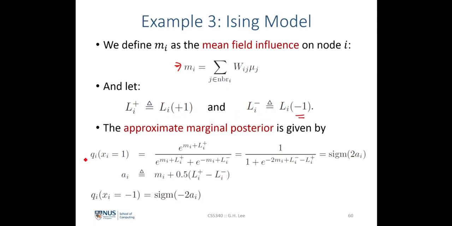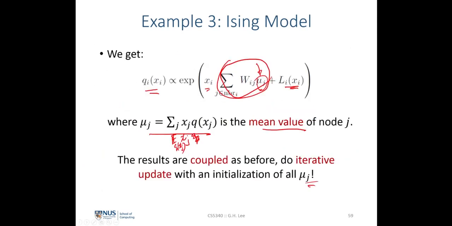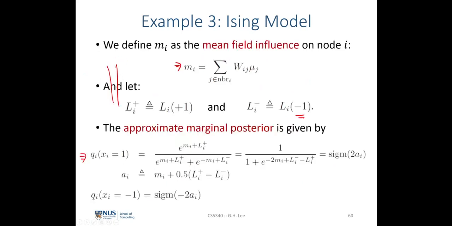So we can rewrite the solution into this particular form, since qi will take a distribution of xi equals 1 and xi equals -1. Substituting all these terms into the previous expression, when xi takes the two different states, these would be the two different distributions that we can get.